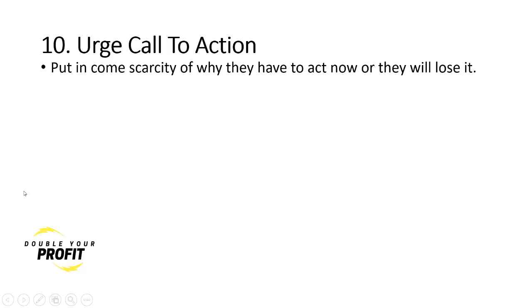In direct response marketing, the goal is that we are using emotional triggers to get them to act now for something that has a future benefit for the consumer of that product or service. So we have to use some emotional triggers, some scarcity.